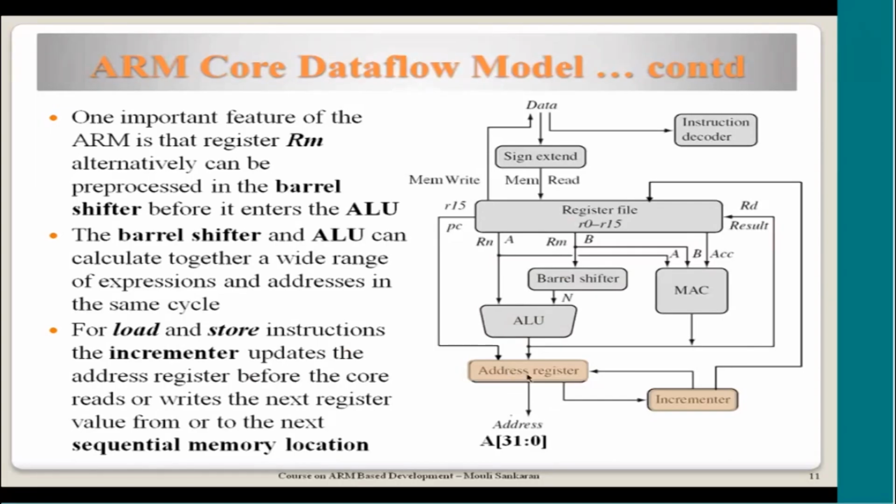Suppose there is an instruction which says that starting from 1000, access the sequential words in the memory, and then you copy from R0 to R5.